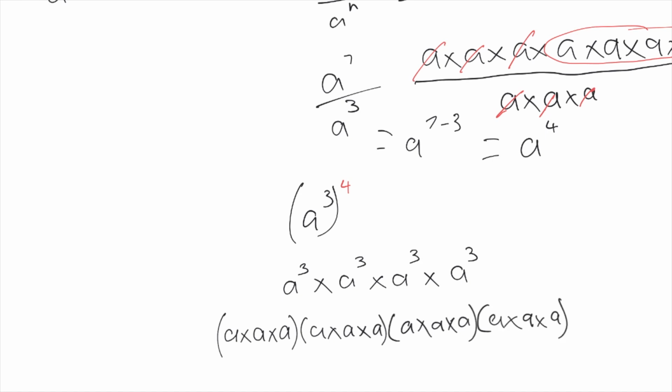Now for those of you counting along with us, you'll see over all of these, we actually have 12 of them. So a to the power of 3 to the power of 4 is the same as a to the power of 3 times 4, which equals a to the power of 12, which is exactly how many a's we have down here.